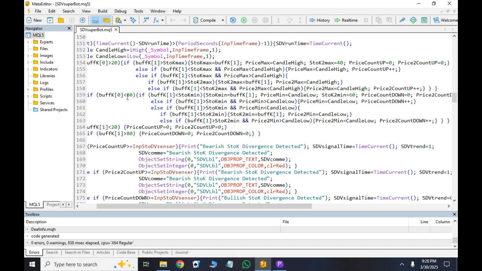Same situation for the bullish divergence. We check stoch min value, and if stoch min value does not go down again, that means stoch value is increasing but price value decreased, then we set the bullish divergence. It is checked by the price count down variable. Price count down gets 3, that means 3 candle divergence.